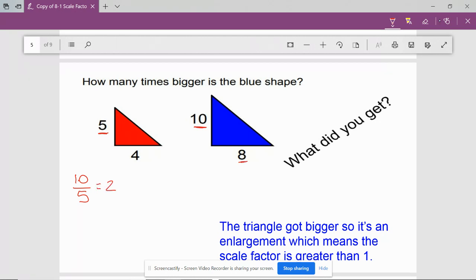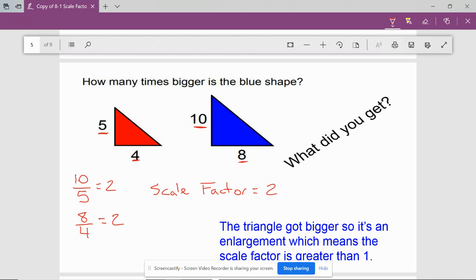Then we take 8 over 4, and that's also equal to 2. So our scale factor is going to be equal to 2.